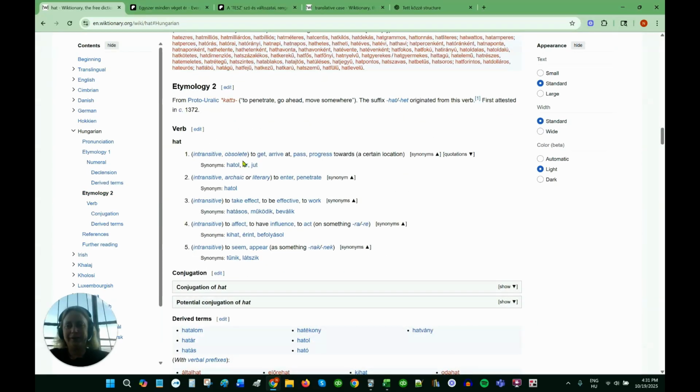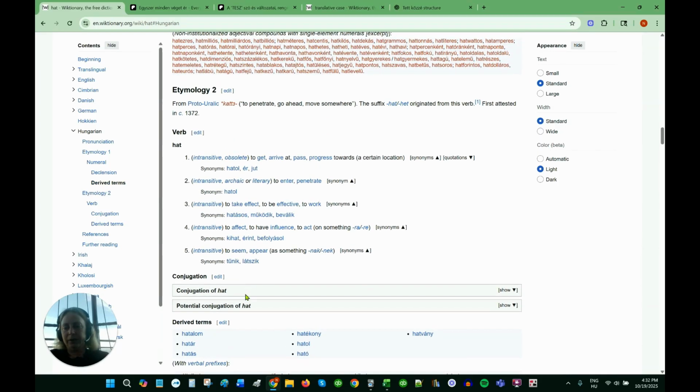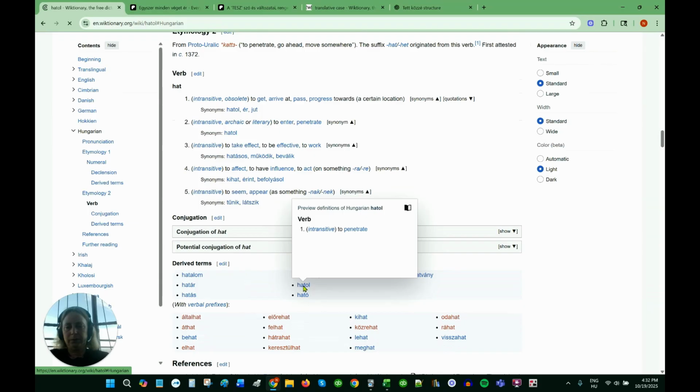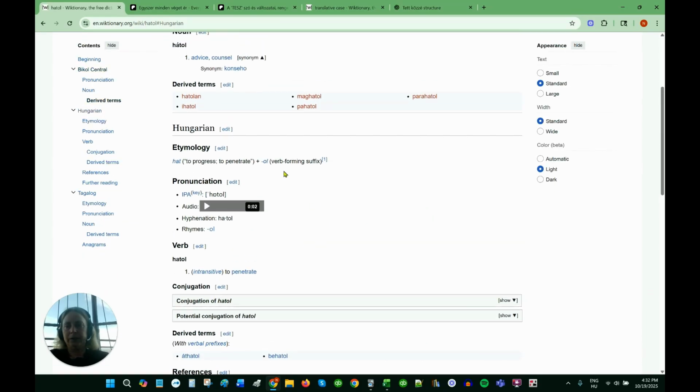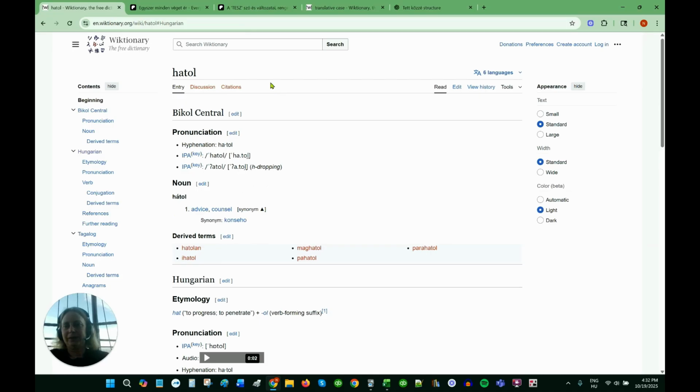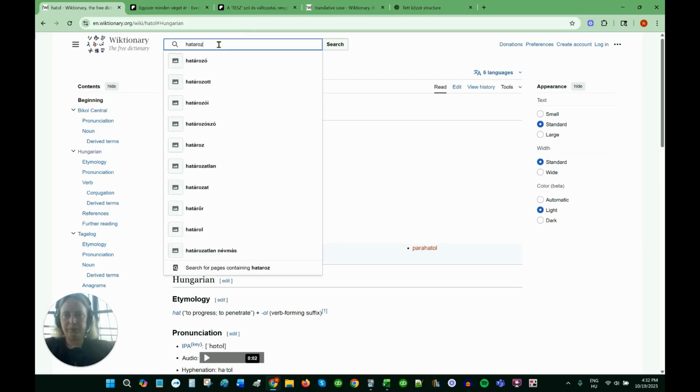Hat, the verb hat, means to enter into something, right? To go ahead, to move somewhere, to arrive, to get. So if it has the word hatol, same thing. And it also has határozás. Okay, that means to decide on something.